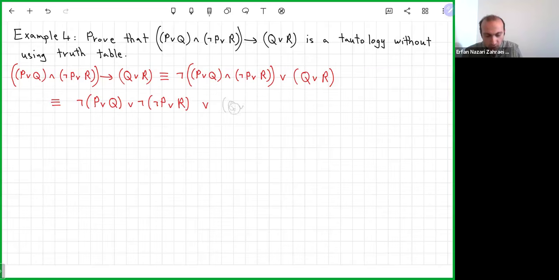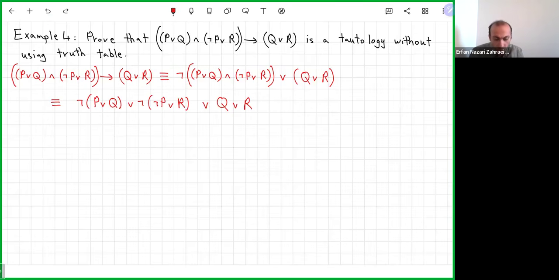One other thing that I can use: since here it's or, and this is also or, using associativity and commutativity of or, having this parenthesis is extra. I don't need that parenthesis. I can write just Q or R. And also I don't need parentheses here because it's a bunch of ors.